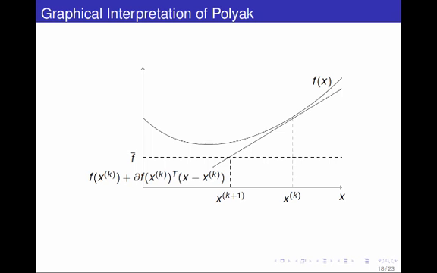What jump should I make? Also, I believe that my minimum is f bar. Maybe I don't know exactly f star, but I have an estimate, a lower bound on f star, which is f bar. So what Polyak's step size rule is saying is how far should I move from xk to xk plus 1, such that I land at f bar if my true function were the line and not the curve.